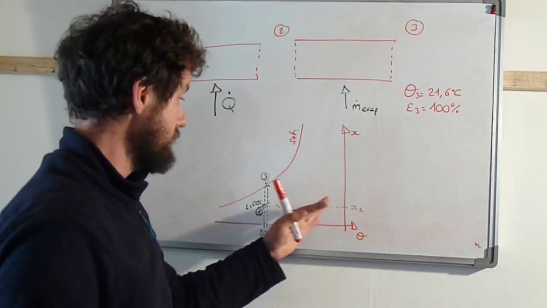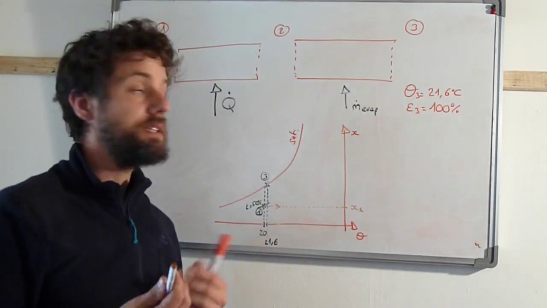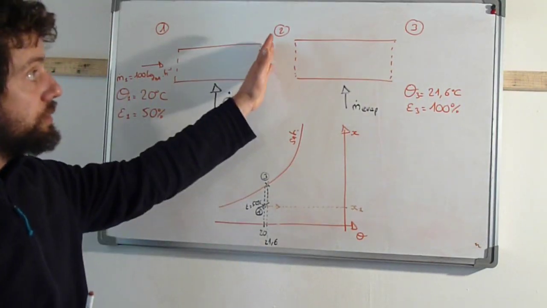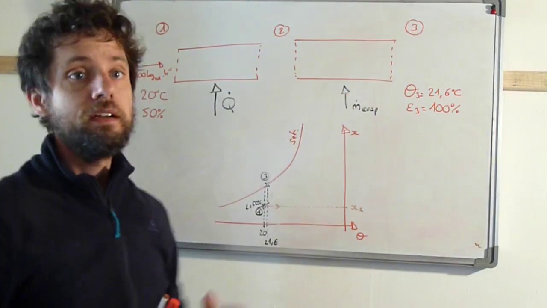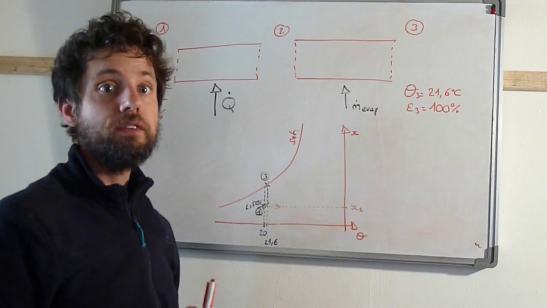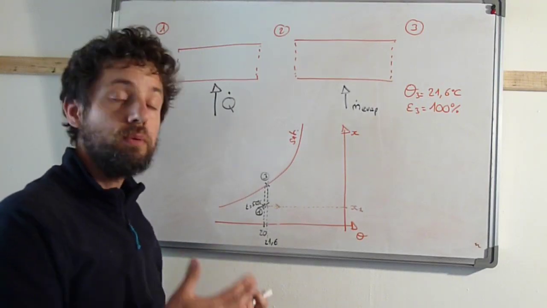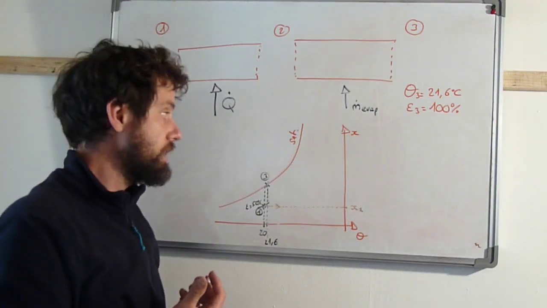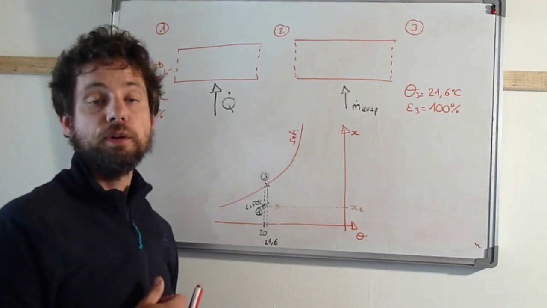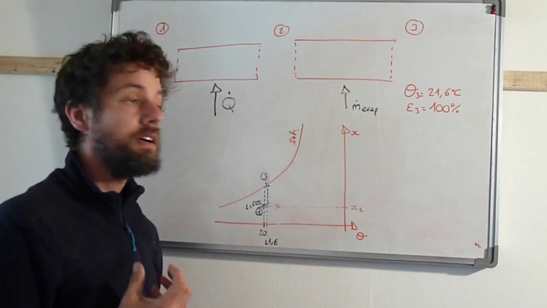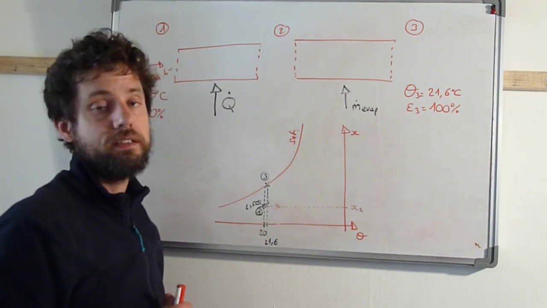But we don't know exactly where point 2 is. Then between point 2 and point 3 there has been evaporation of liquid water that has increased the moisture content of the air until being saturated.